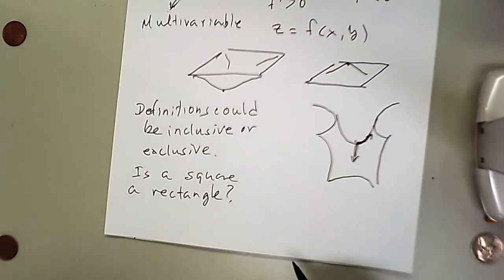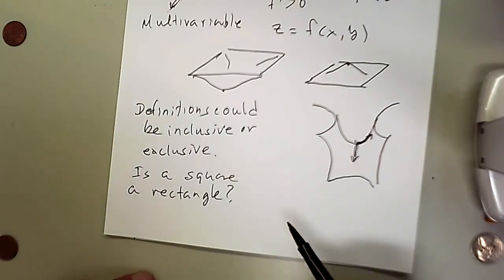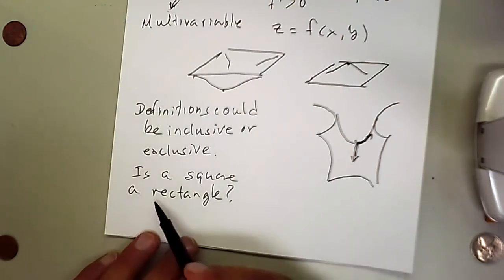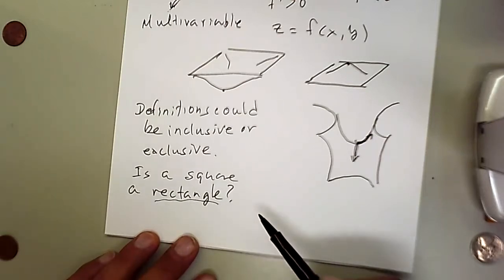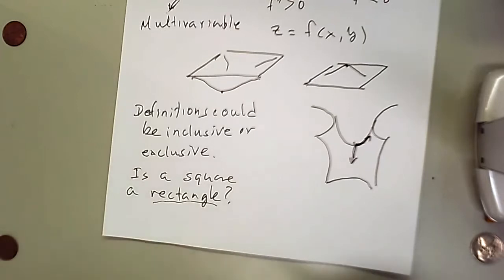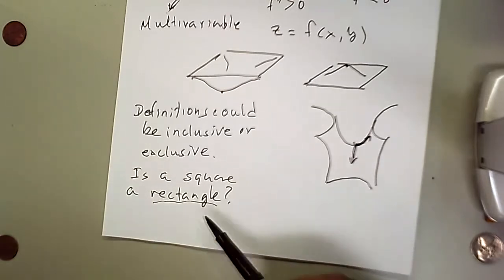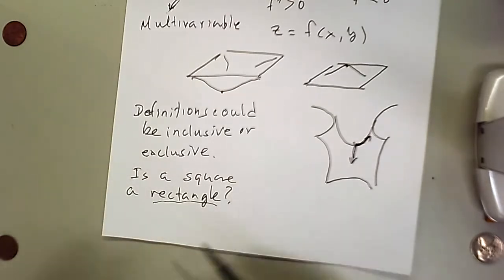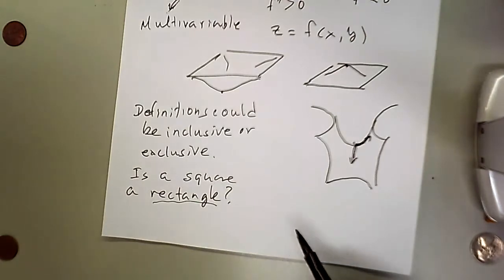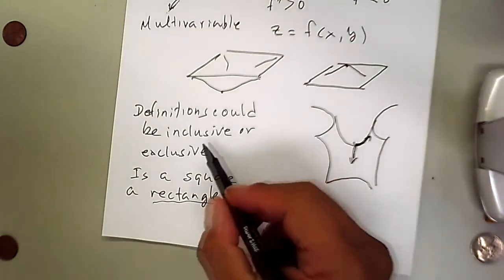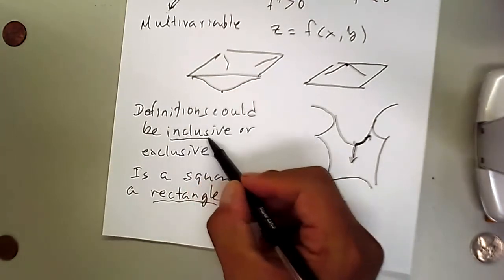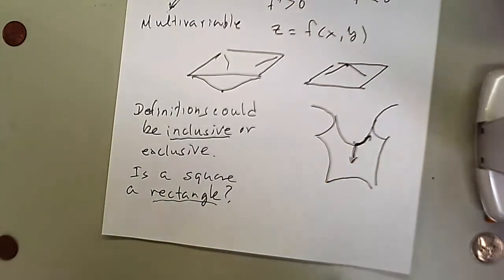People argue back and forth, but the bottom line is it depends how we define a rectangle. We can have a definition of rectangle that is exclusive, excluding squares, or we can have a definition of rectangle that includes squares. Depends on our application, I suppose. Most math people, in my view, will go for inclusive definitions versus exclusive.